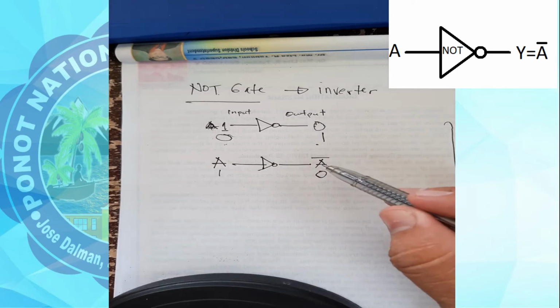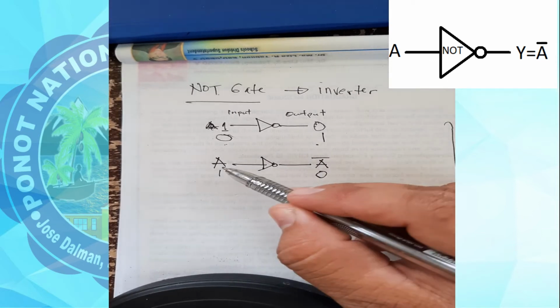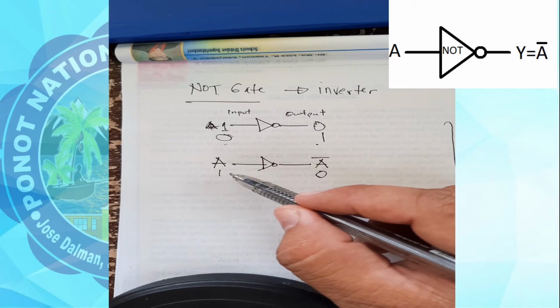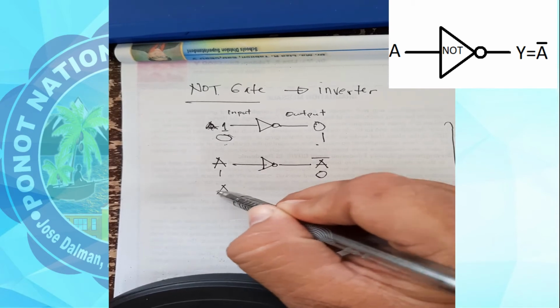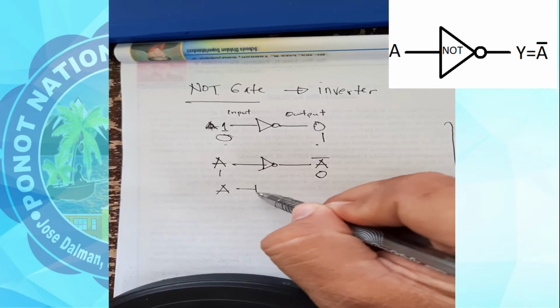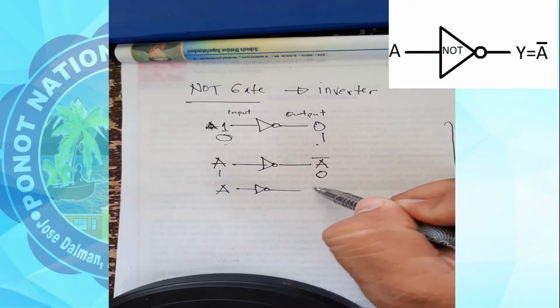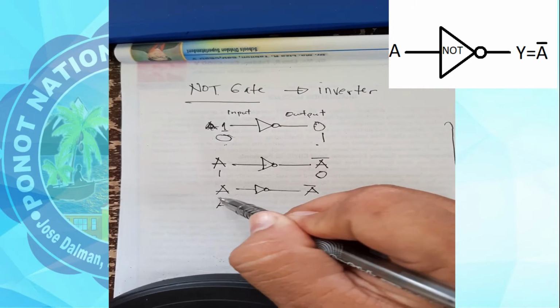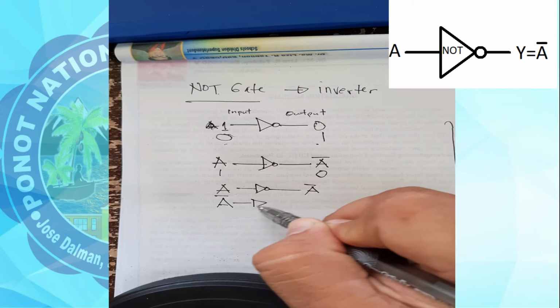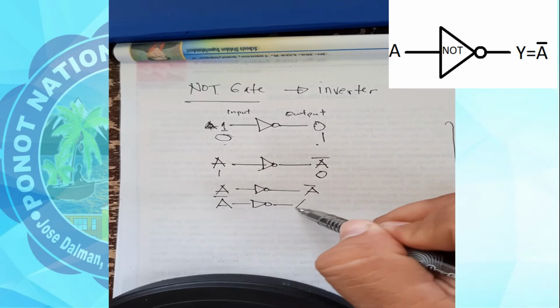Kung may bar, this means it is 0. Pag wala, that is 1. Kung ang input niya is A, idinaan natin sa NOT gate, ang output niya is A bar. Kung ang input niya is A bar, so ang kalalabasan niyan, that is A.